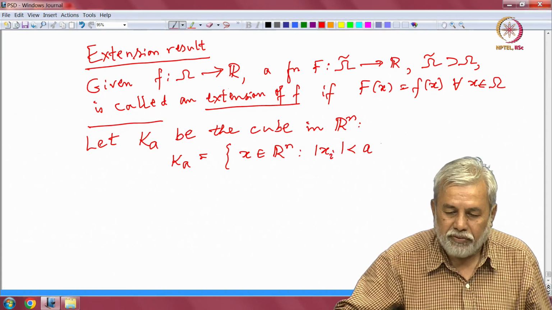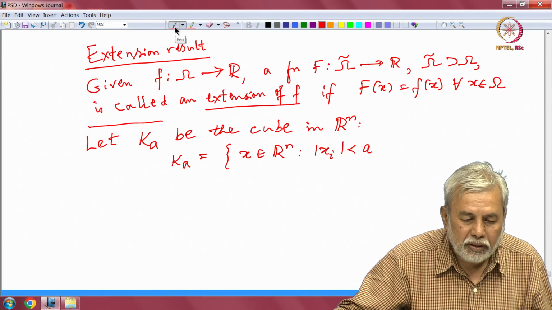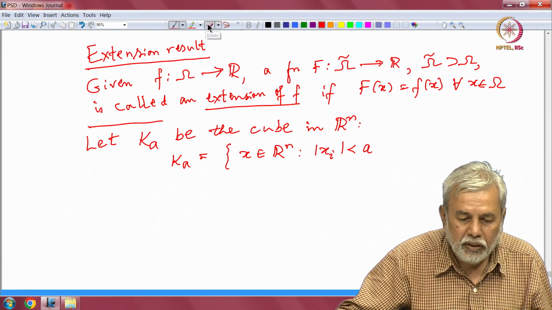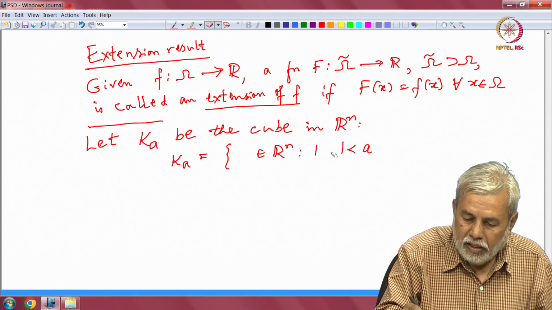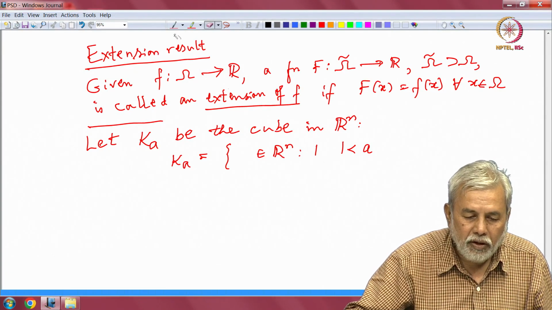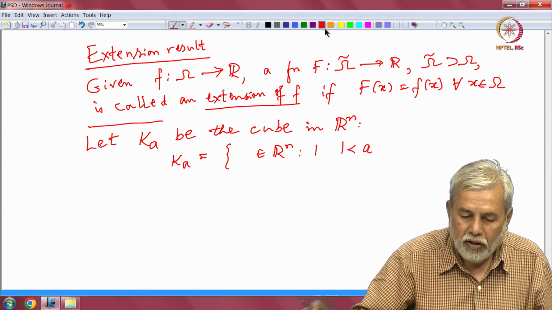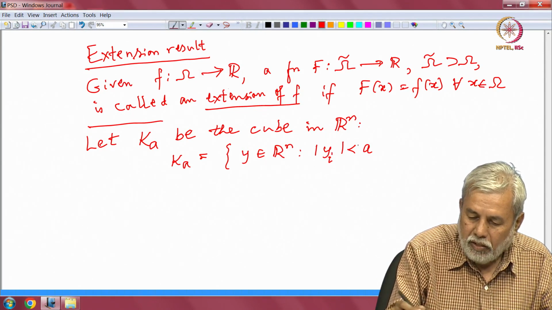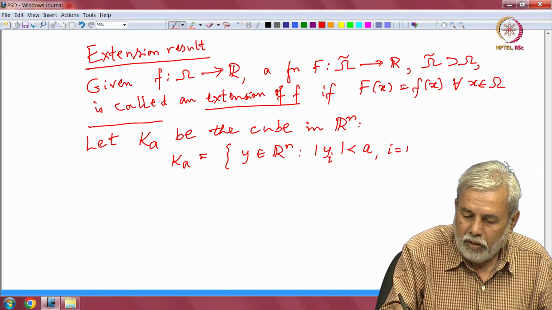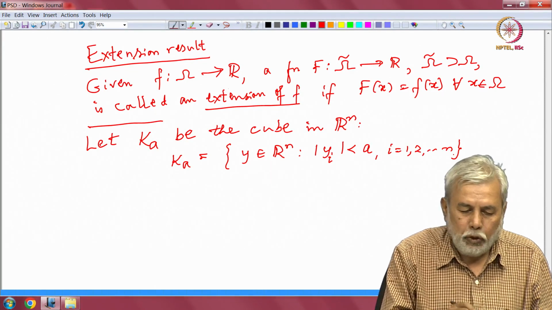Let me use y instead of x, because later on we will see why. So, that is the cube.